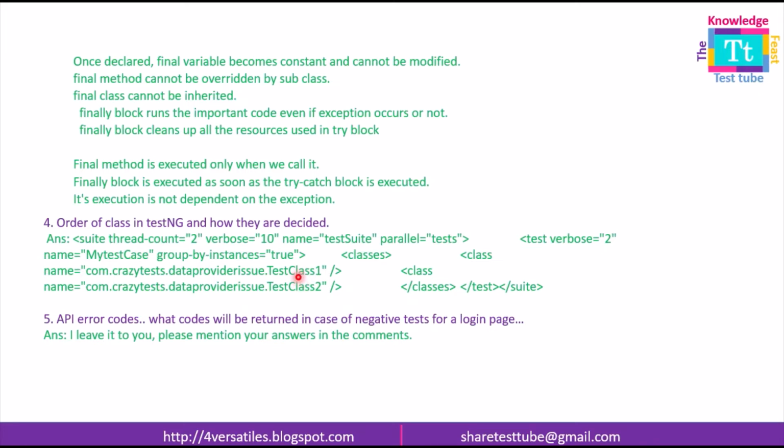Normally, if you just define it this way, under test class 1 it will look for the test cases which have priority 0, and again in test class 2 it will look for the test cases with priority 0. So first it will pick up the priority 0 test case from here and execute it, but it won't execute the priority 1 test case.